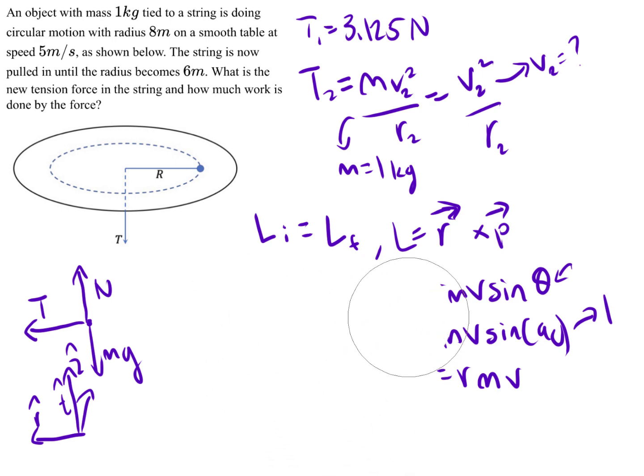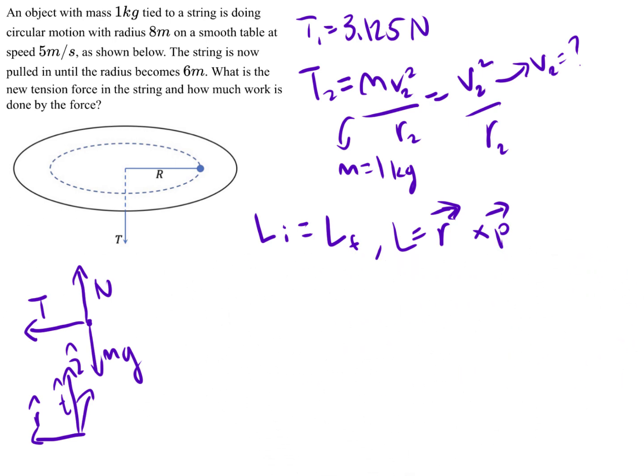So in this case, our angular momentum is given by radius times the mass times the velocity. And this is the equation for angular momentum in circular motion.